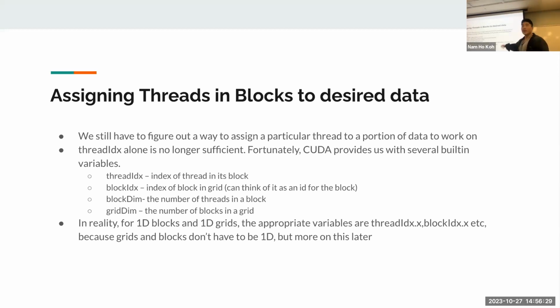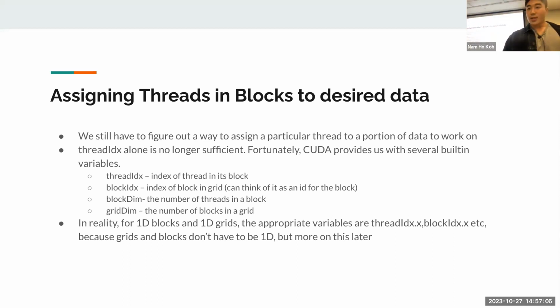These are four important terms I want you to really understand. threadIdx is just the index of the thread within its block. blockIdx is the index of the block. blockDim specifies how many threads are in each block, and it's used to situate the block in the bigger problem. And then gridDim is how many blocks there are. The example I gave you is just a 1D block with a 1D grid, and that is fine, but you can have multi-dimensional blocks and grids, and we'll see examples of how that works.